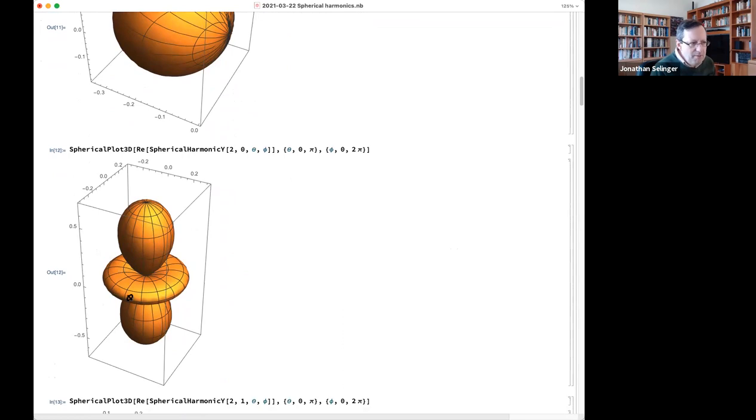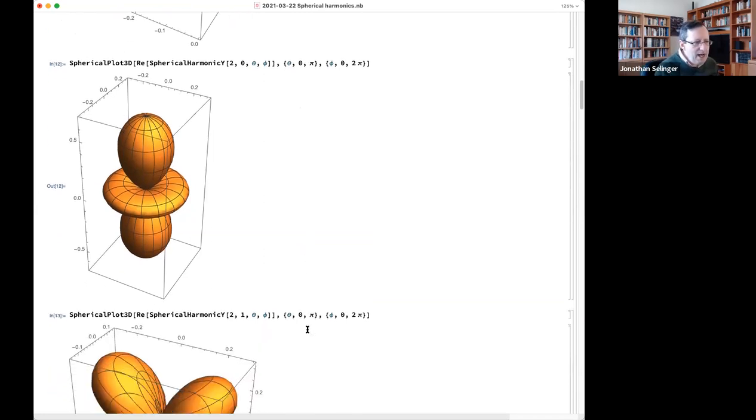This has multiple lobes going upwards, and each of these lobes is symmetric about the z-axis. You can rotate about the z-axis and it all comes out looking the same. That goes along with M equals 0 having this rotational symmetry about the z-axis.